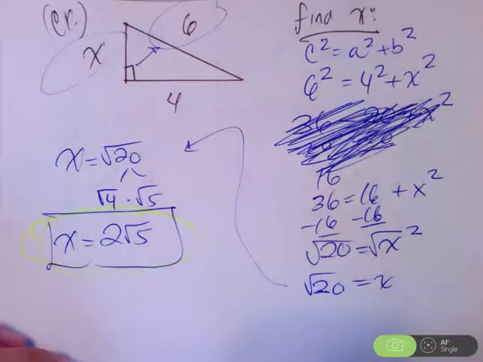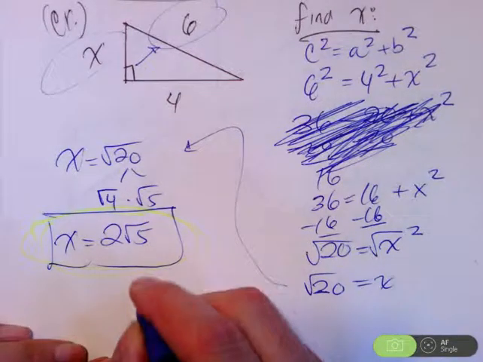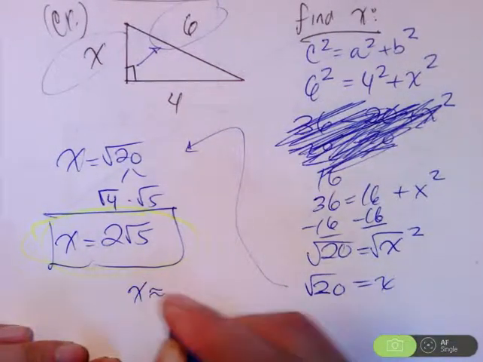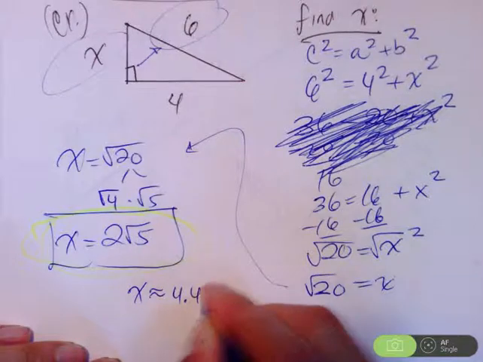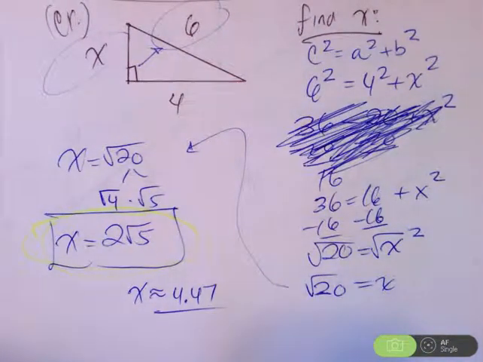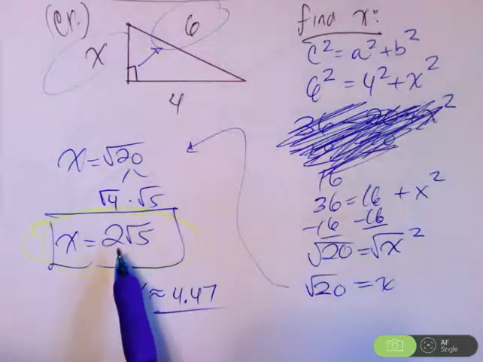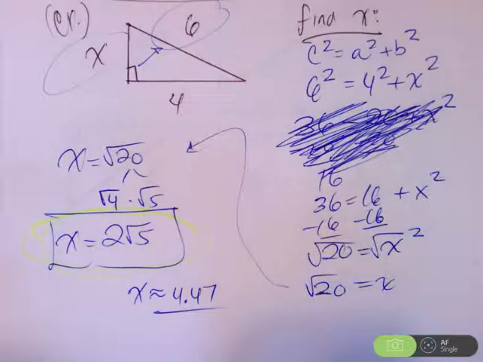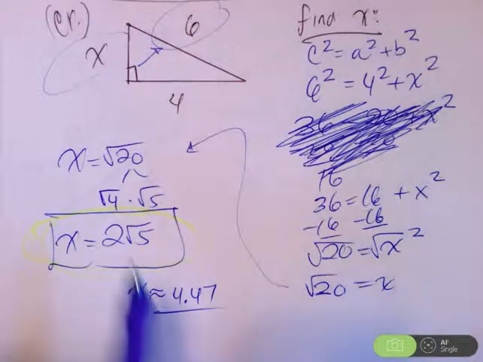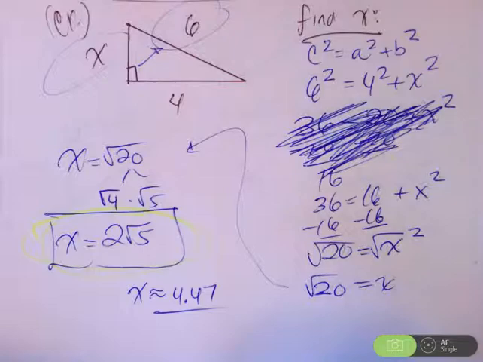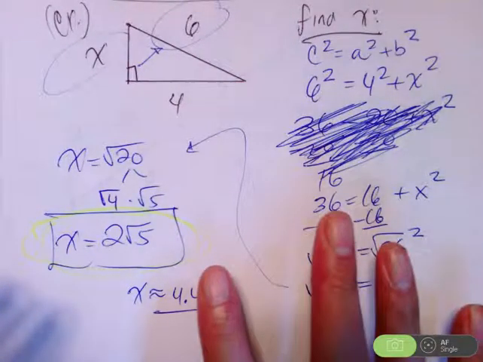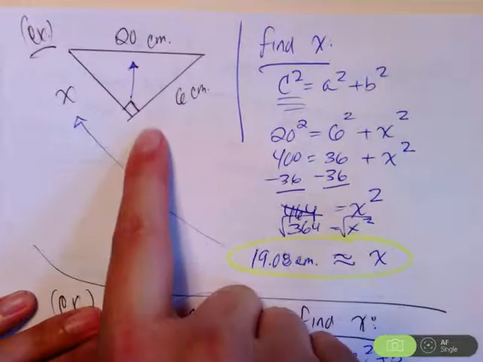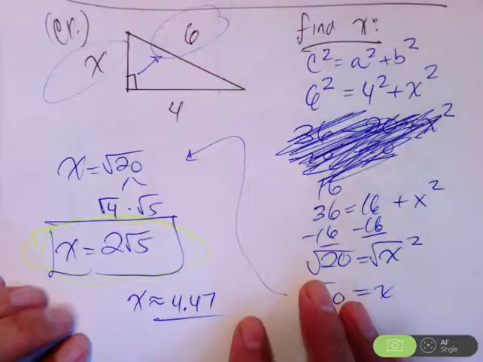So for me, I typically let students just write x approximately 4.47. I'll accept either answer, but a lot of teachers are sticklers for this. So make sure that you know what your teacher's asking for. If you have a problem where it's centimeters, you want to leave it in a decimal format. If you have a problem where it's just numbers, you want to leave it as a radical right there, okay?